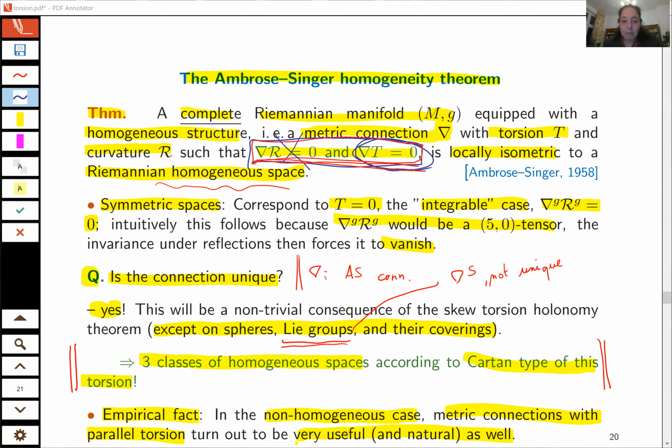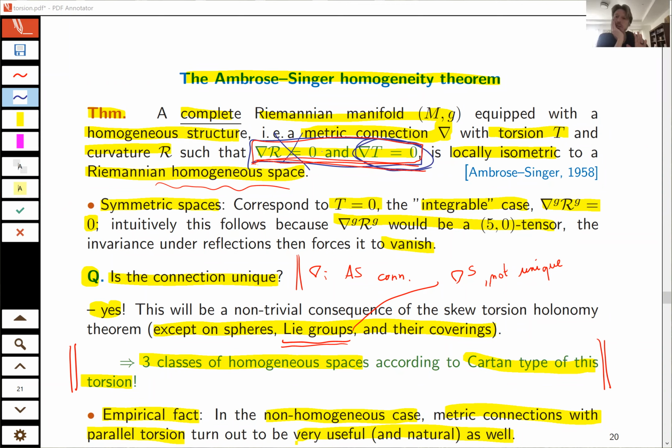So one needs to take these two extreme cases apart. Spheres would be like the generic holonomy, and Lie groups have basically no holonomy at all because they're flat. So everything except the two degenerate ends of the picture, anything in between will be unique. And this is just what the equations are.